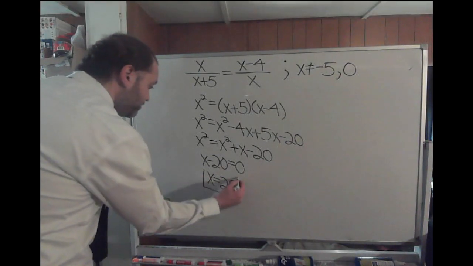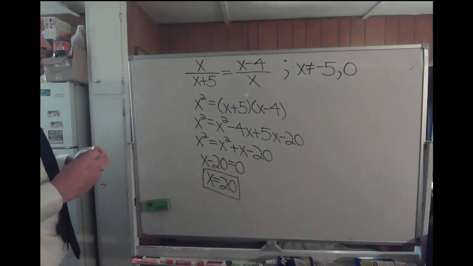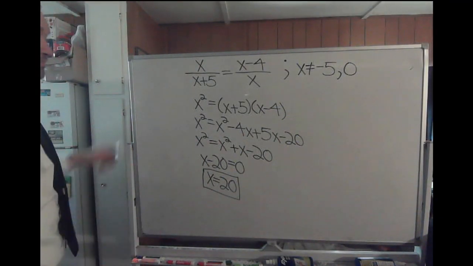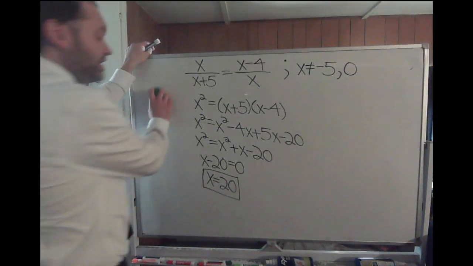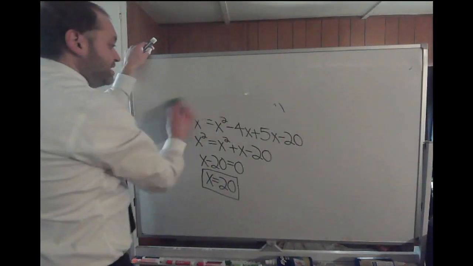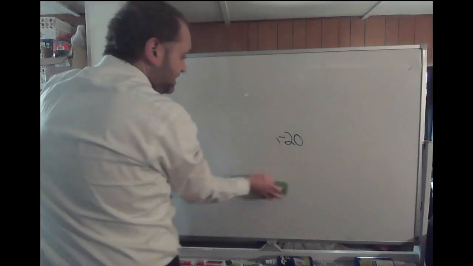Which this actually checks out because 20 is not one of our restricted solutions. So x equals 20 is your only solution. Sometimes you'll only get one solution for these, not because you got an undefined value, but because your quadratic terms end up canceling out.